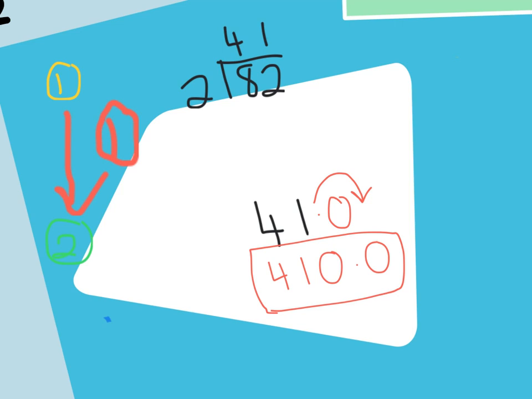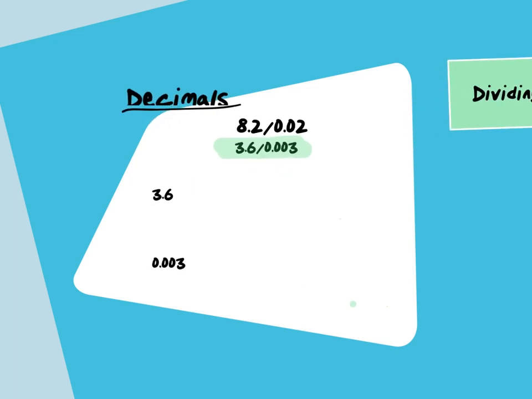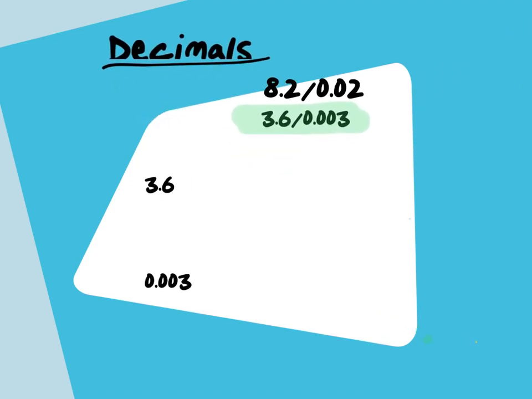Okay, let's look at a second example now. Our second example is going to be 3.6 divided by 0.003, sorry. So what we've got is 3.6 and 0.003. So they're the first two things that we've got to analyse. Remember, we're looking at getting whole numbers.